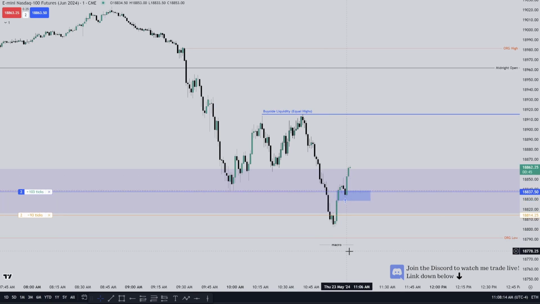We're in that macro, that profit taking hour that tends to run on AM session liquidity. Where's the liquidity from this AM session? Up here. So this is your focus.